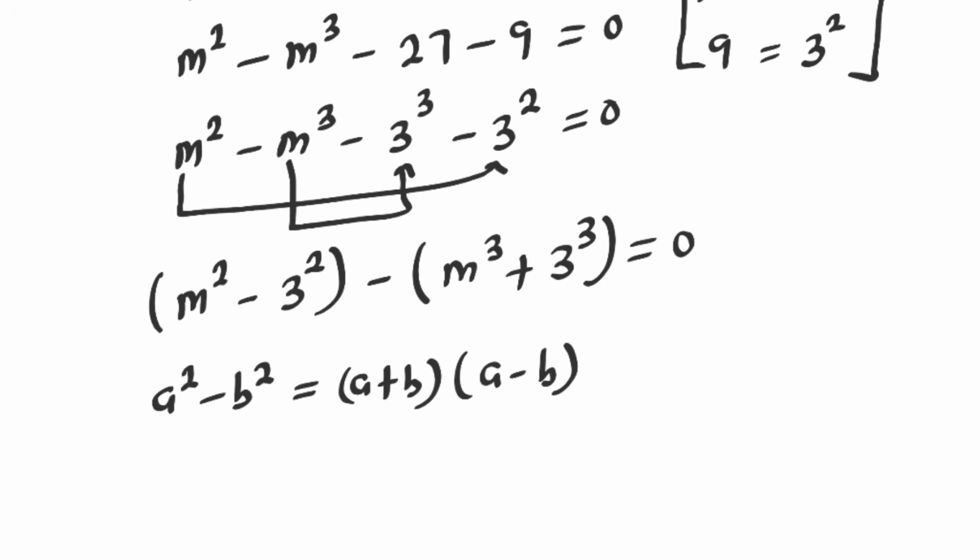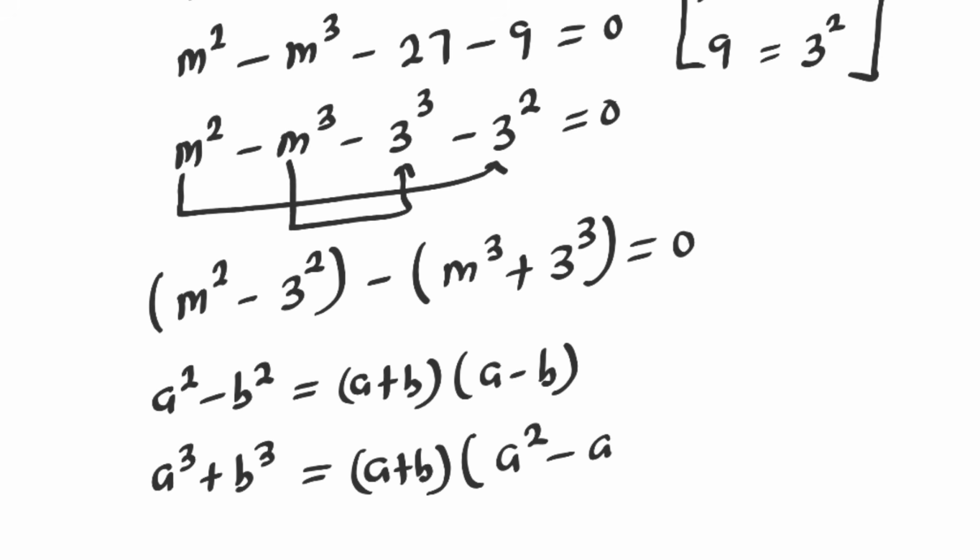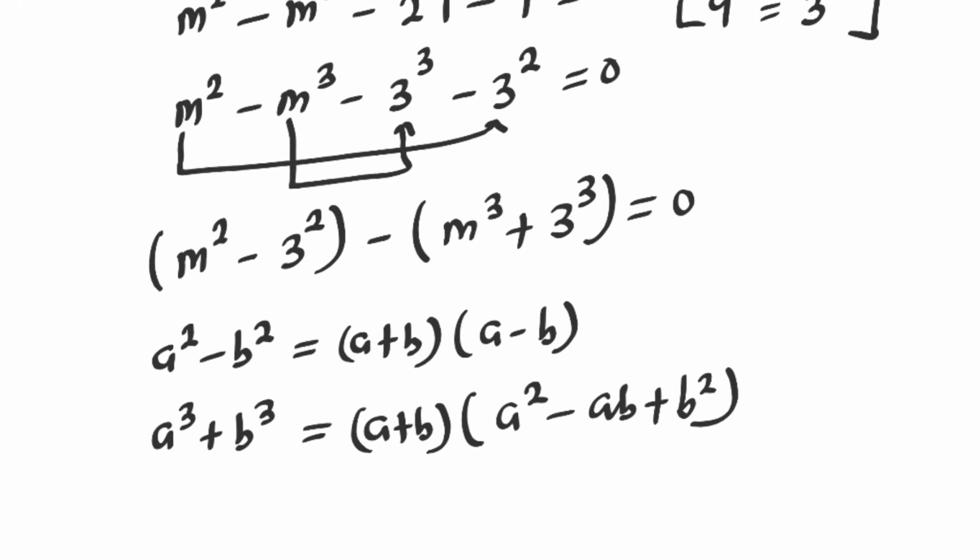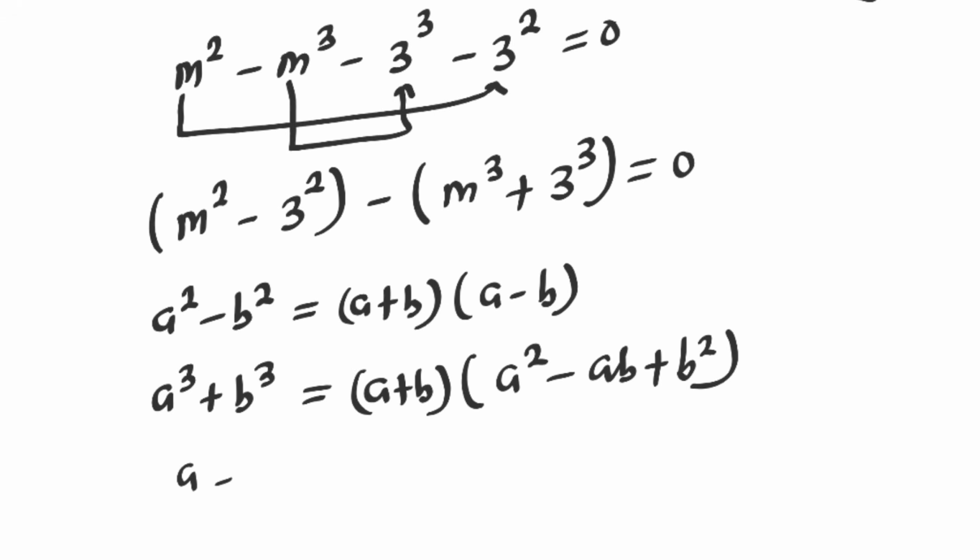Then if you have a raised to power 3 plus b raised to power 3, this is equal to a plus b bracket we have a square minus ab plus b square, where a is equal to m and b is equal to 3.